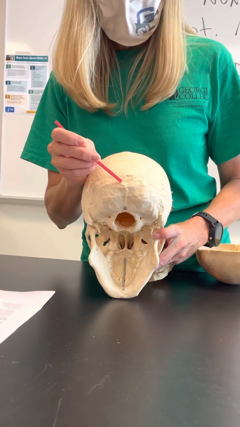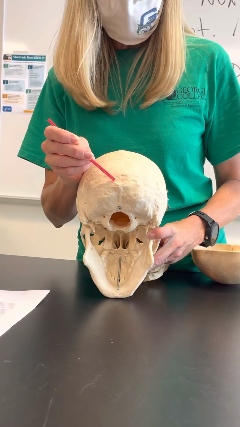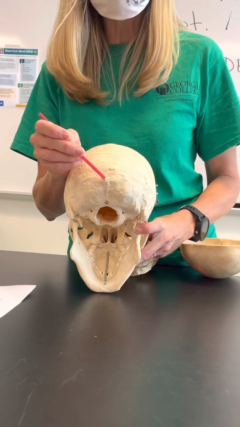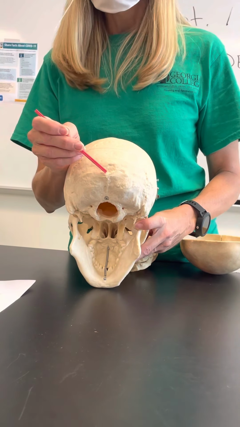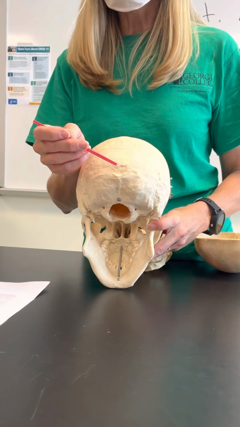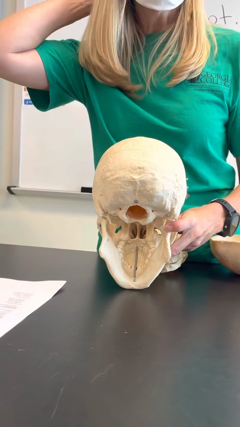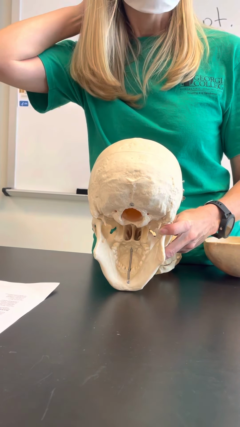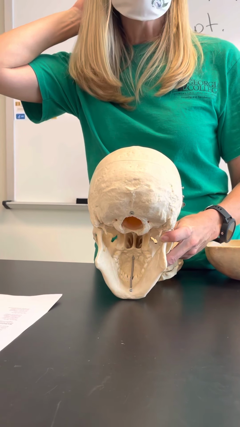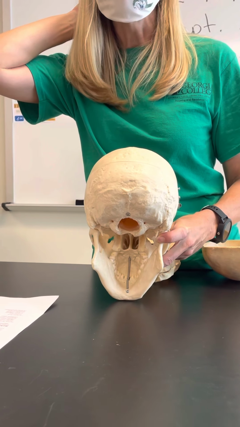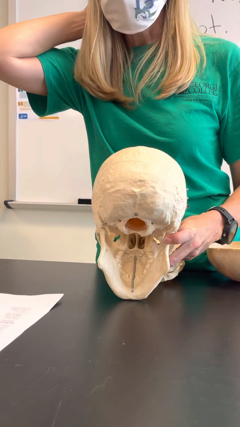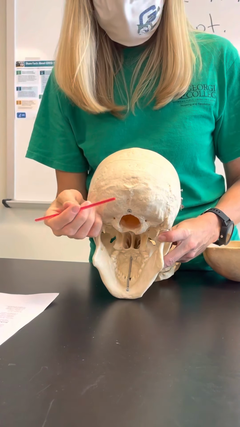This is the occipital protuberance. So this is also an attachment site for muscle. Many of us might be familiar with it if you've gone to the salon, you put your head in the shampoo bowl, you get up and you rub the back of your head like, ow, that hurt. It's because you were resting your head on the protuberance, which was resting on the shampoo bowl, okay? So that's why that hurts.